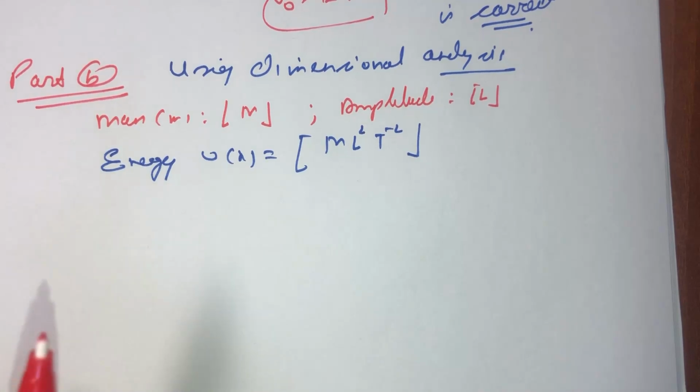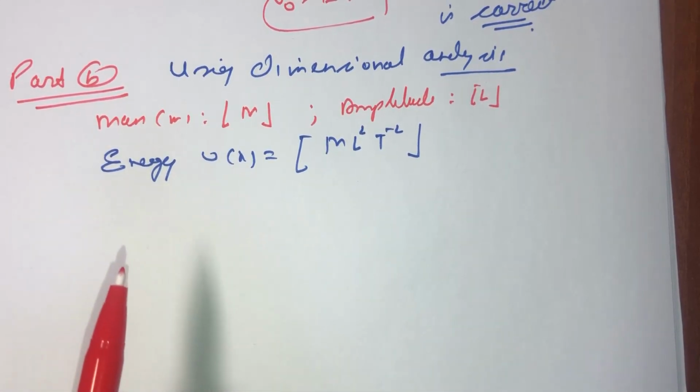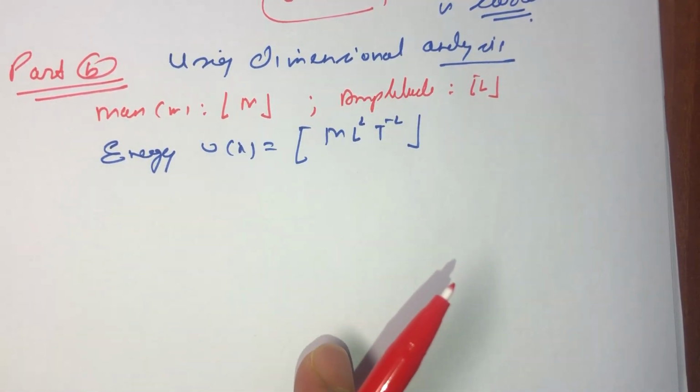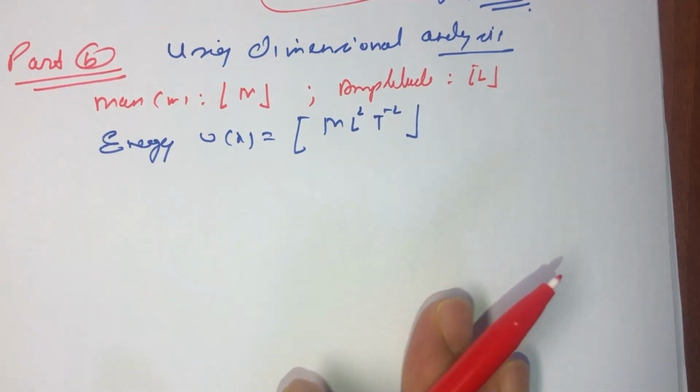But the potential energy V of x is given as alpha x raised to power 4. Sorry, alpha x raised to power 4.